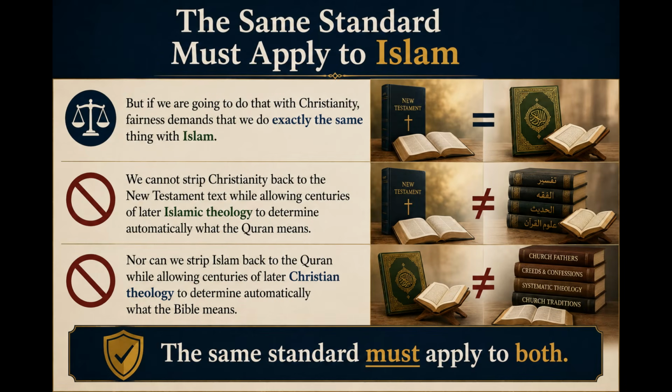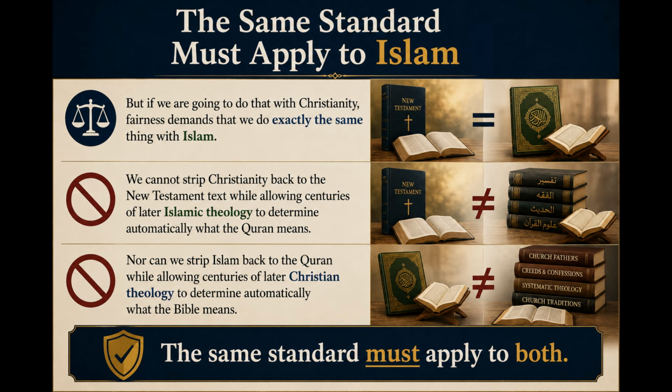The same standard must apply to Islam. But if we are going to do that with Christianity, fairness demands that we do exactly the same with Islam. We cannot strip Christianity back to the New Testament text while allowing centuries of later Islamic theology to determine automatically what the Quran means. Nor can we strip Islam back to the Quran while allowing centuries of later Christian theology to determine automatically what the Bible means.